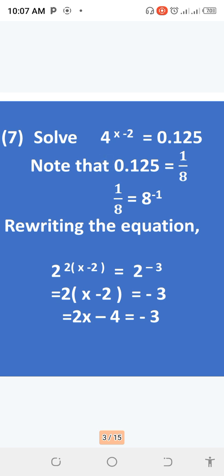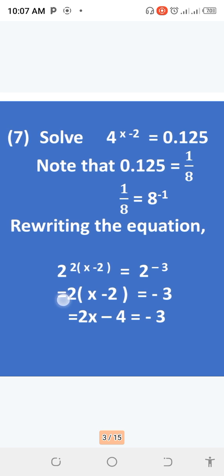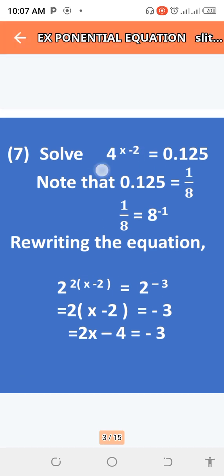If we do that, that means we are going to take a look at the bases, which are 4 and 8. To change them to the same base, we have to change the base into 2, because 4 and 8 are in the power of 2. So in doing that, we now rewrite the equation as 2 raised to power 2, bracket, to the exponent x minus 2.